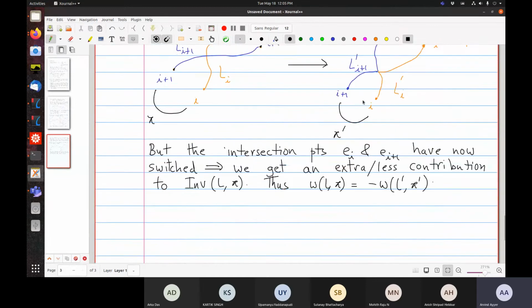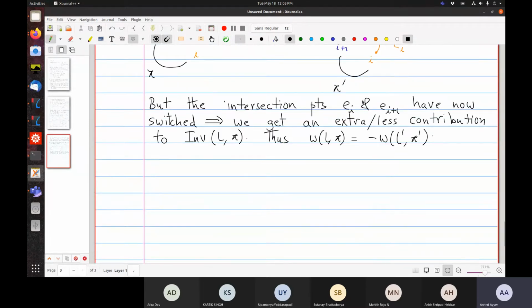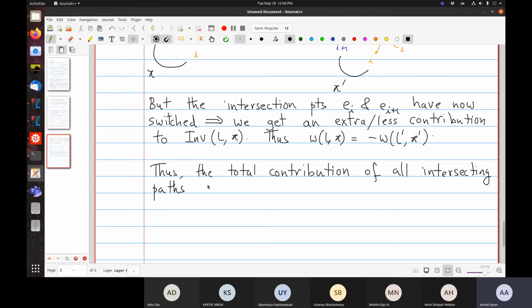So it's really beautifully organized, and in each case we get this cancellation, and thus the total contribution of all intersecting paths to W of L is 0. So this proves part B, and we are done.